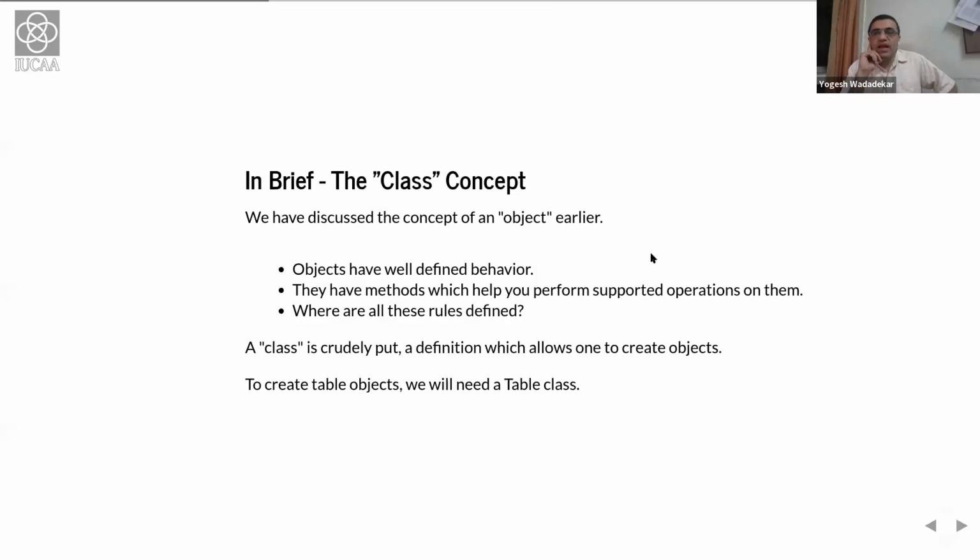Now we've talked of object-oriented programming and objects very often in this course. But what you need to understand is that objects are really instances of what is called a class. So what is a class? A class is something that defines an object.